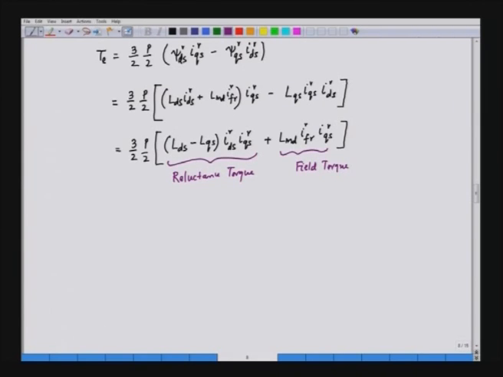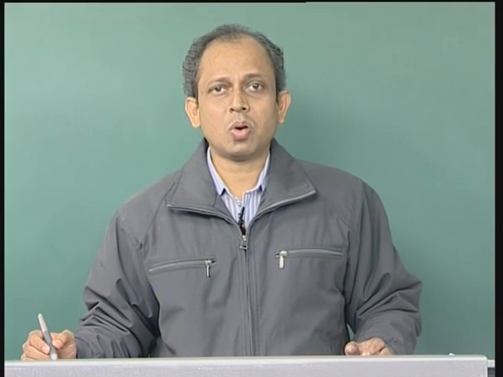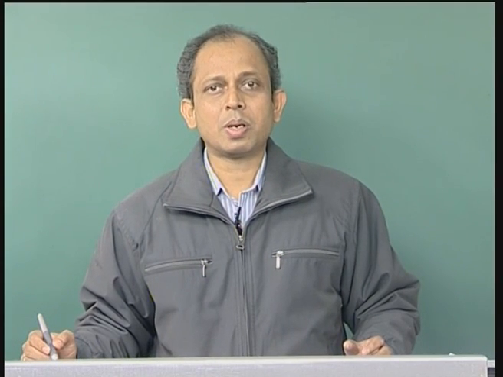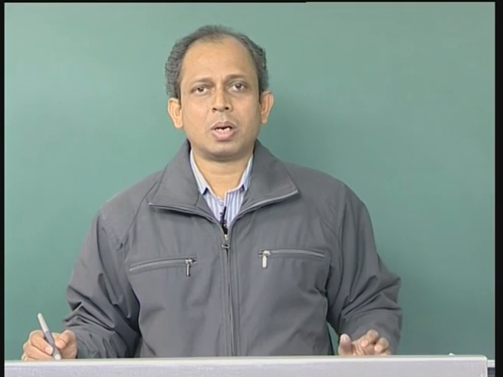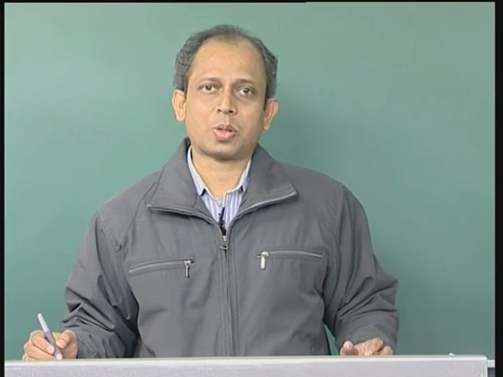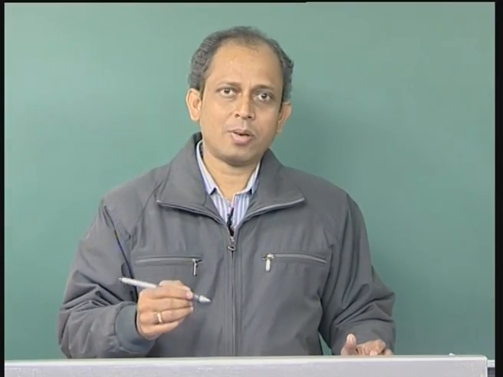Now, we will implement vector control. In vector control, what we do is try to independently control the torque and the flux, just like a DC machine. So, vector control of a permanent magnet synchronous motor aims at control of the torque and flux independently, just like a DC machine. So, in this case we can go back to our phasor diagram.